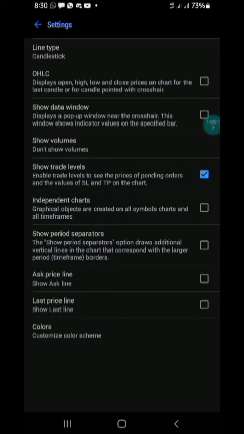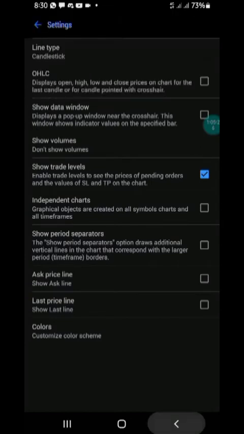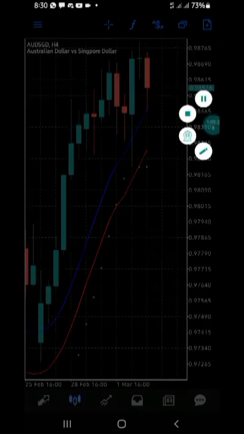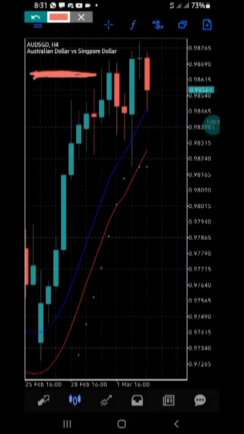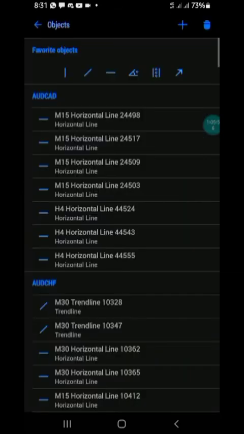Enable trade levels to see the prices of pending orders and the values of stop loss and TP on the chart. So there's a time when I took that order, there's a number that appeared somewhere here with a line, buy, stop, or buy. If you untick that box, whenever you take a trade, those numbers won't appear, because you've unticked that particular setting. So that is what that setting does. Whenever you take profit or stop loss, it appears on the graph. But if you untick that box, you will never see it on the chart.